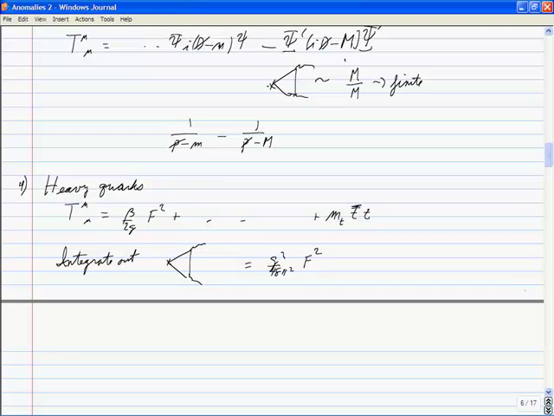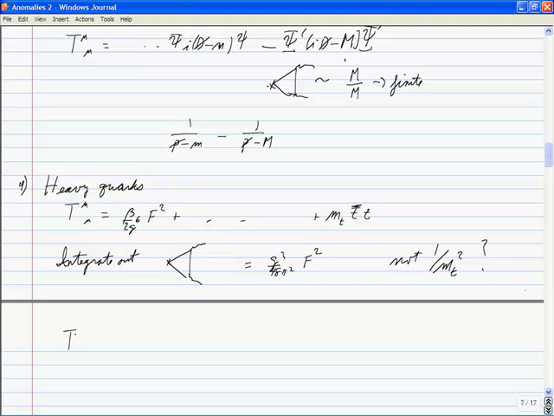So it's just like having an F squared there. It looks like it violates decoupling. Well, what's going on is that the beta function that I should use here, let me call it beta 6, is the beta function for 6 quarks.